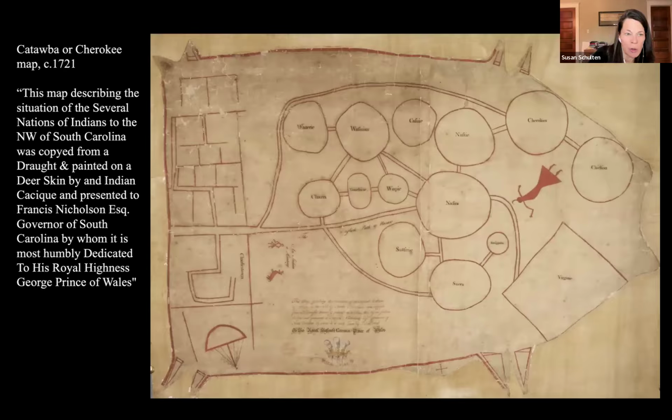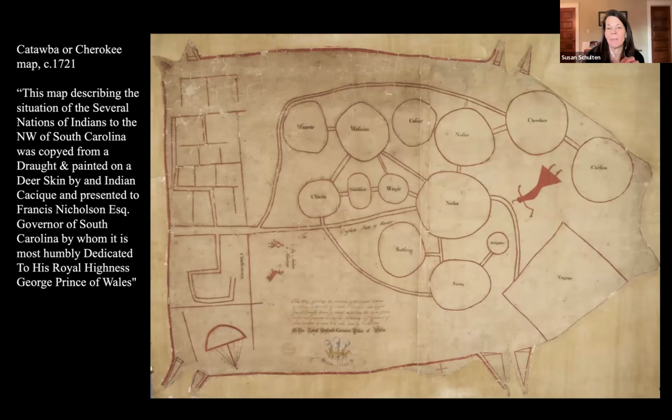I want to show you the language that is on the map, which I've simply transcribed here, and I'll read to you now. This map describing the situation of the several nations of Indians to the northwest of South Carolina was copied from a draft and painted on a deerskin by an Indian cacique or leader, and presented to Francis Nicholson, the governor of South Carolina, by whom it is most humbly dedicated to His Royal Highness George, Prince of Wales.